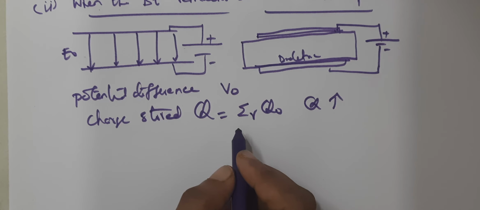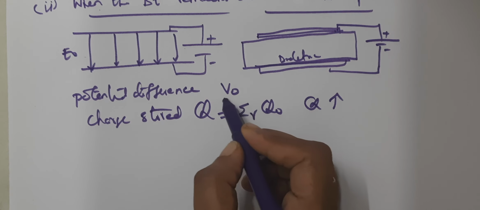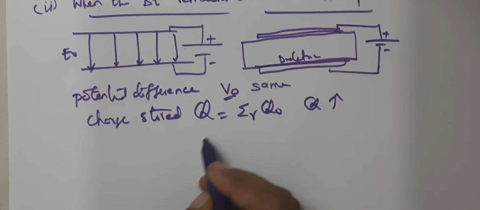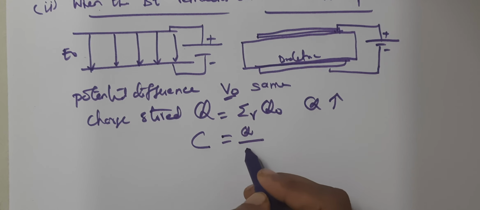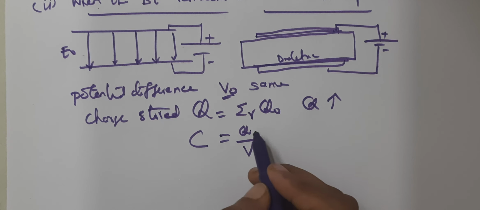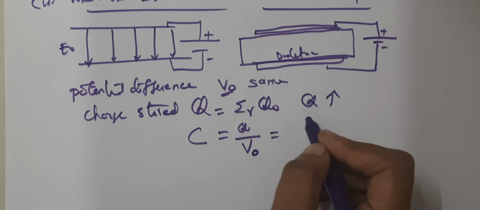Because of this increase in charge, what will happen to our capacitance? We know the formula, capacitance C is equal to Q by V. Here Q is the increased charge, but the voltage remains the same. So we can write Q by V0.